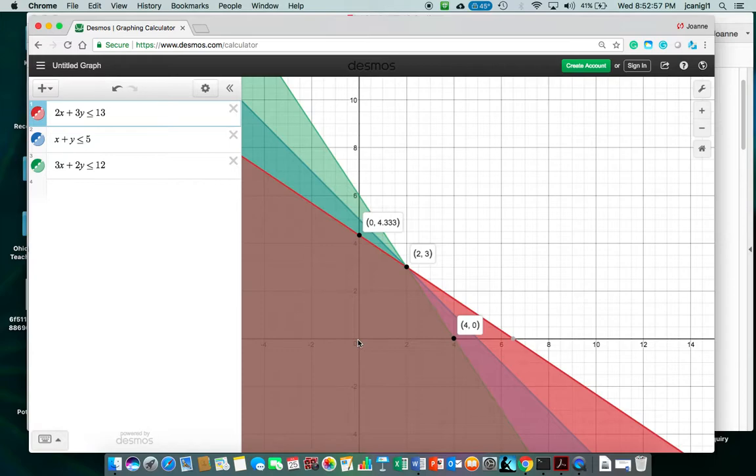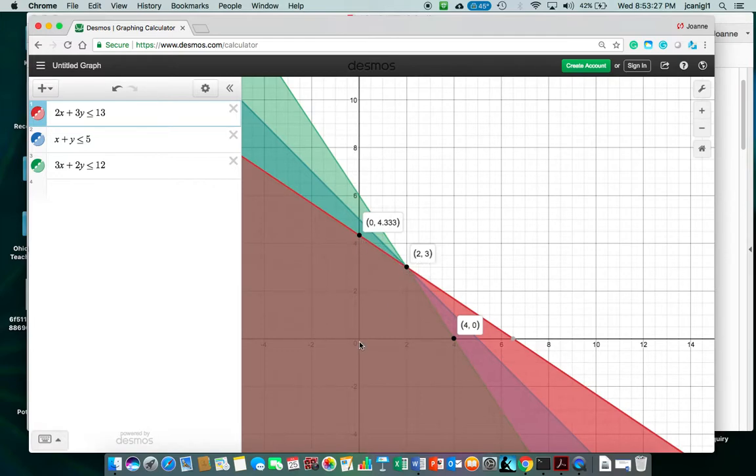When you substitute each of these points, the 0, 4 1/3, or 13 thirds, and the 2, 3, into the function, you will find which particular point is going to be the maximum point.